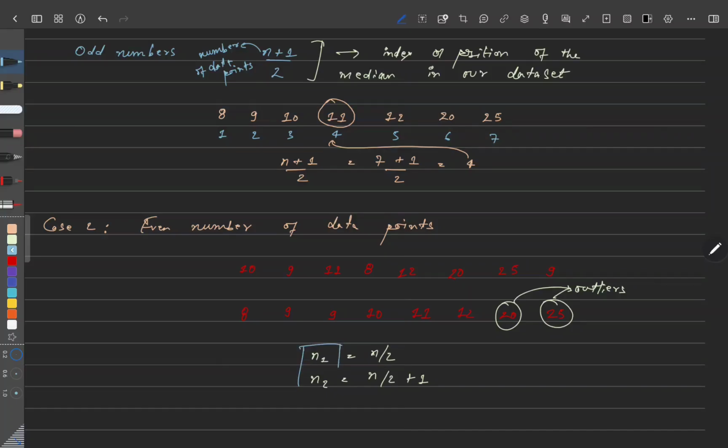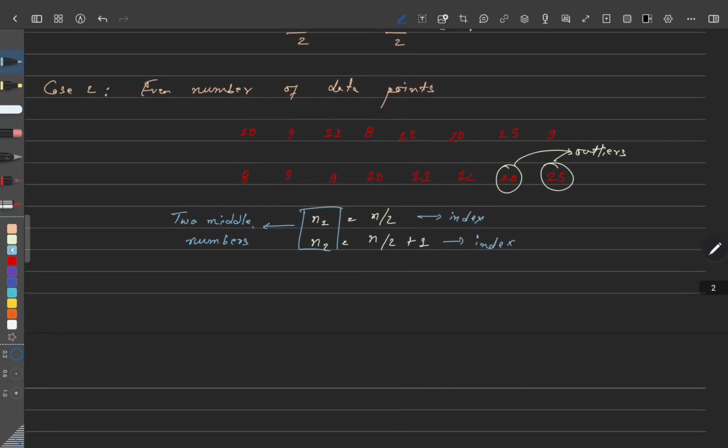These are the two middle numbers, and these will return the index positions, or I should write it as index simply.